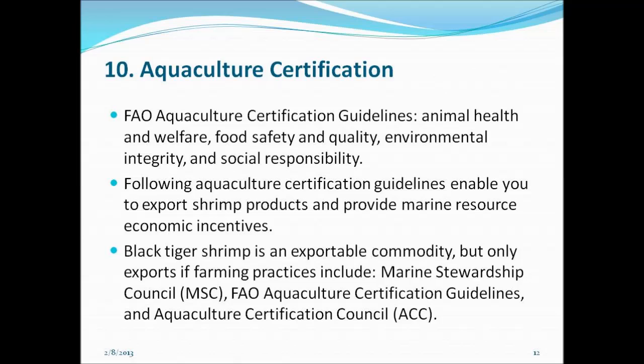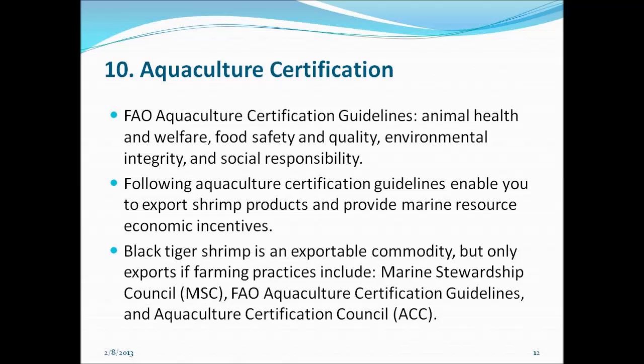Three major concepts to take away from this. Black Tiger shrimp aquaculture management requires a well-developed management plan. Something to think about. And as I mentioned, we will get into more detail on general hatchery management, broodstock management, and larval rearing management.